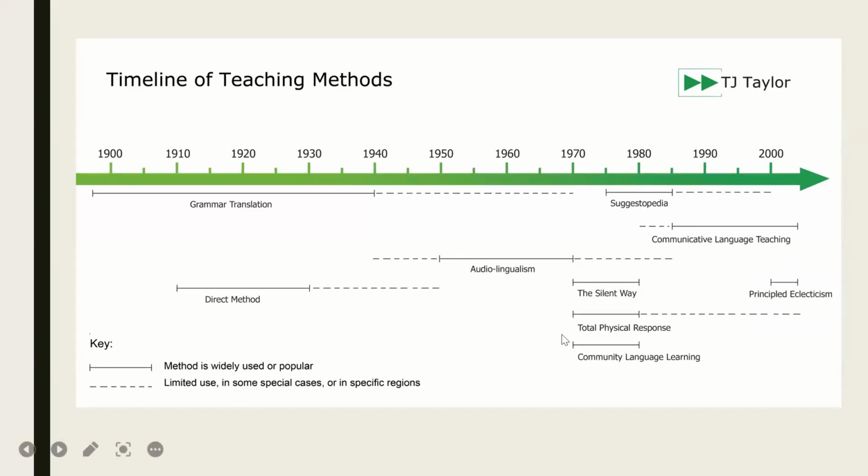You're not going to be slaves to any one of these single methods, but you're going to use elements from different methods. So if you use TPR as one element with other methods, that is going to be very effective and interesting in the language classroom. So that's the take-home message about TPR.